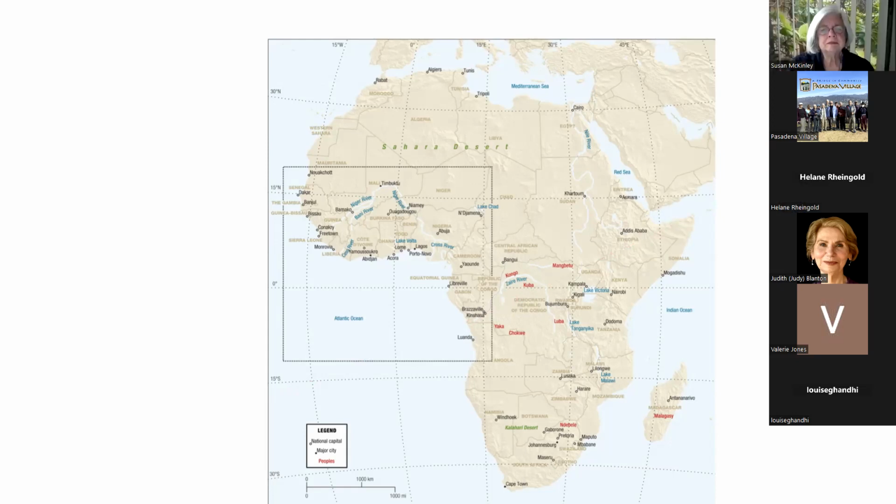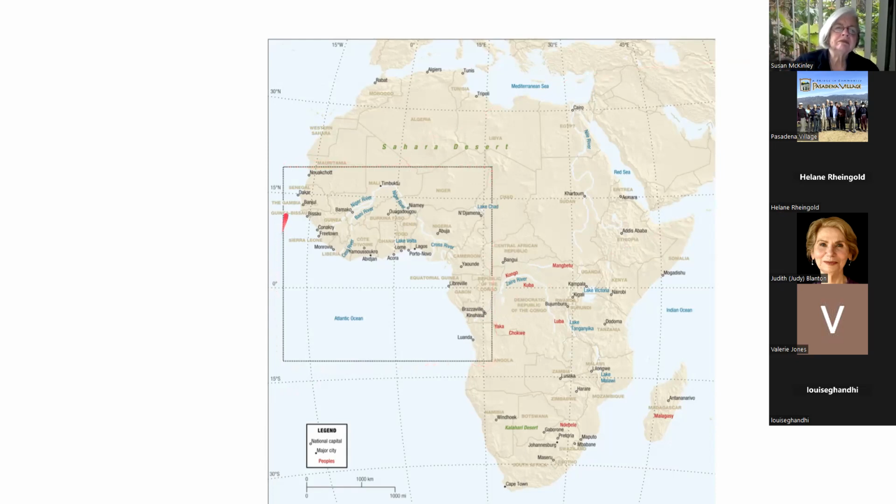Okay, so we are looking at a map of, everybody tell me quick. Africa. Of Africa, exactly. Second largest continent, most populous continent, 54 countries, and over 2,000 languages and dialects. Very diverse. We will be talking about this area.